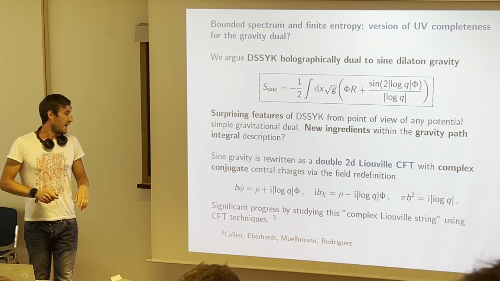And one considers then the gravitational Hamiltonian of sine dilaton gravity, which is given basically by the ADM energy, that is cosine of theta. And this is just given by the integral, the primitive of the dilaton potential evaluated on the black hole horizon. And then one asks that the symplectic measure on this phase space is left invariant.